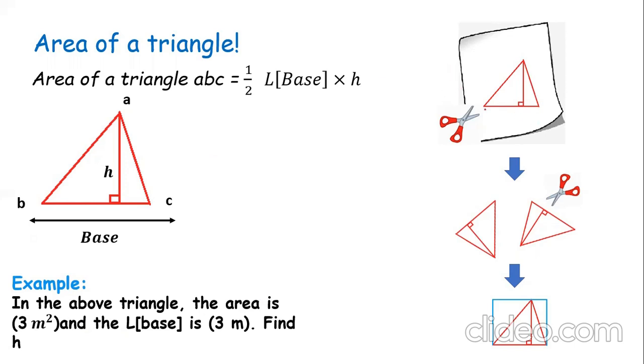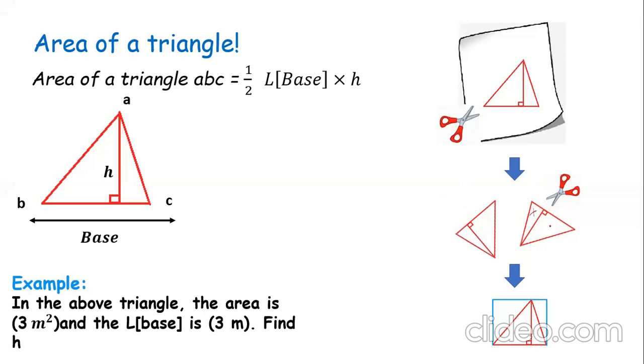So let's draw this random triangle on a piece of paper. Then let's use scissors to cut this triangle, and we make two copies of it. This is the first copy and this is the second copy. We leave the first copy as it is, and we cut the other copy into two triangles.